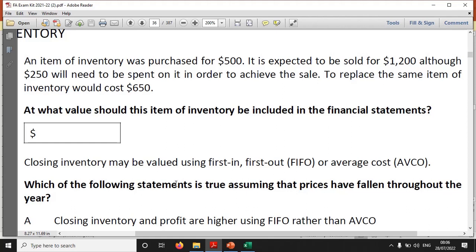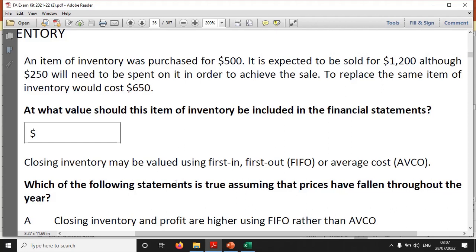Is that correct? Yes. So, what is the value of this inventory item? We go with the lower of the two, 950 or 500. Which one are you going with? 500, isn't it?